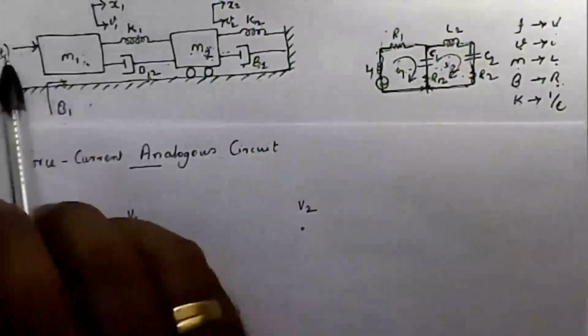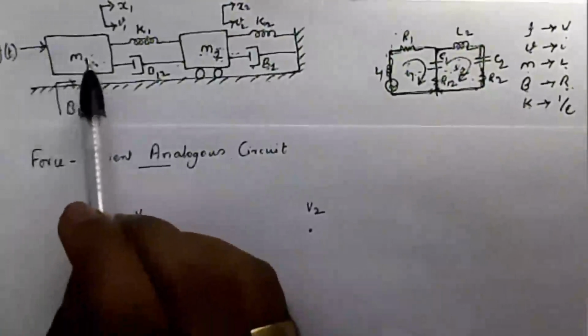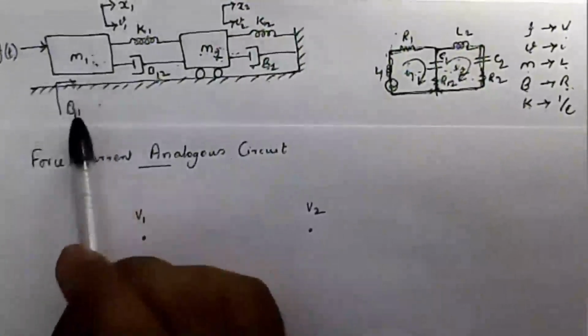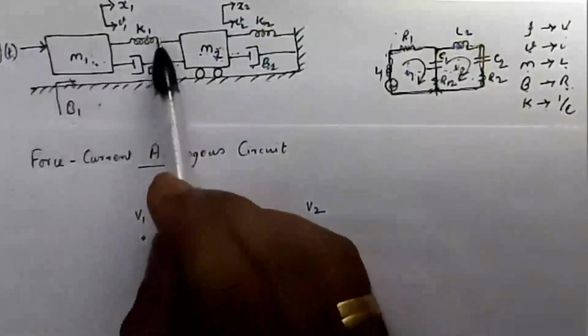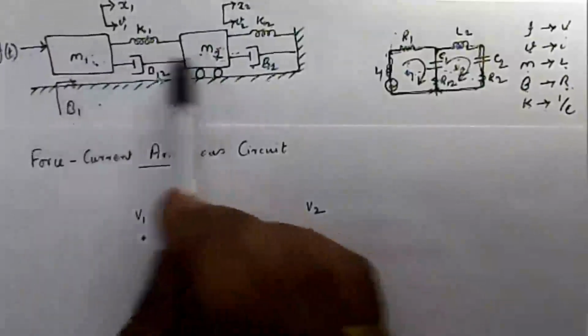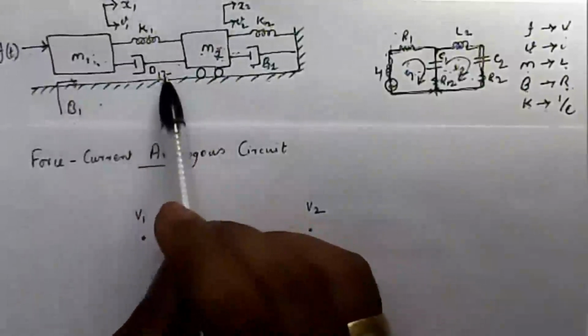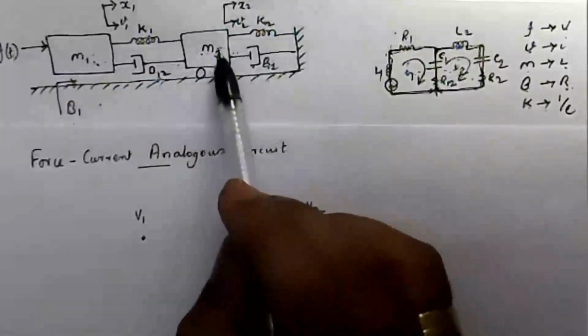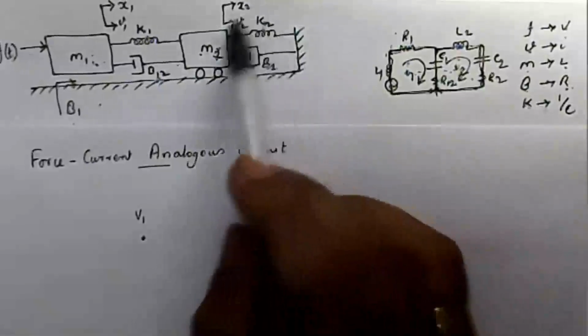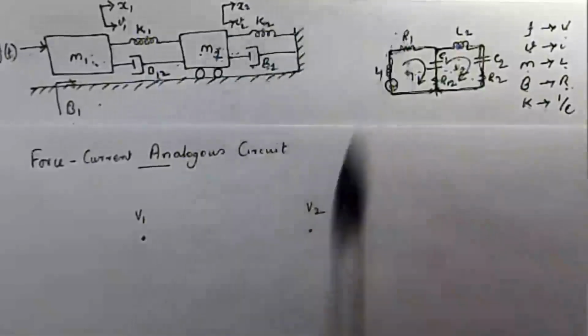Then these are the individual elements: M1, V1, then the applied force. These two, K1 and B12, are the common elements between the two nodes. In case of the second node, M2, K2 and B2: these three are individual elements.